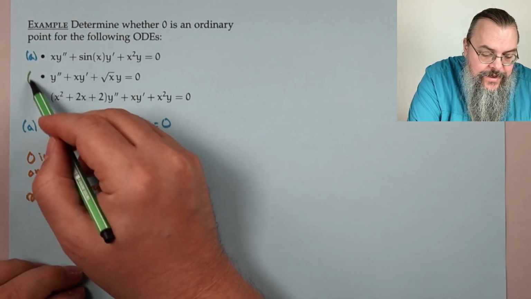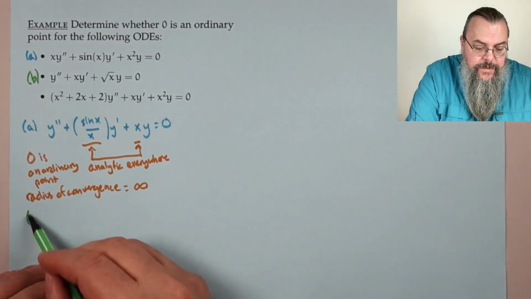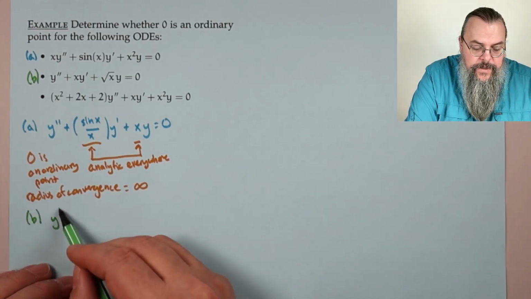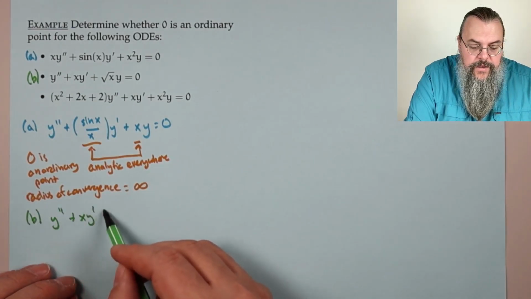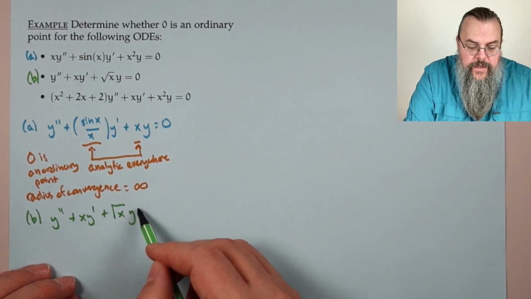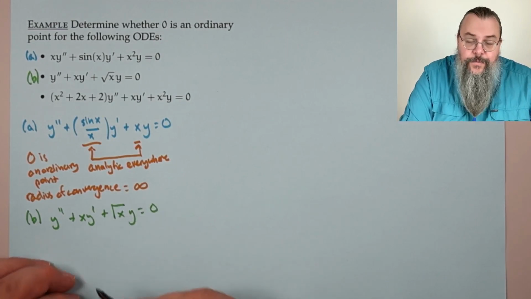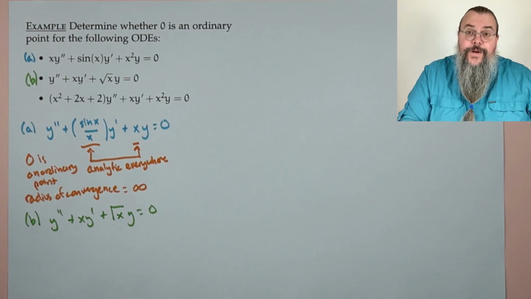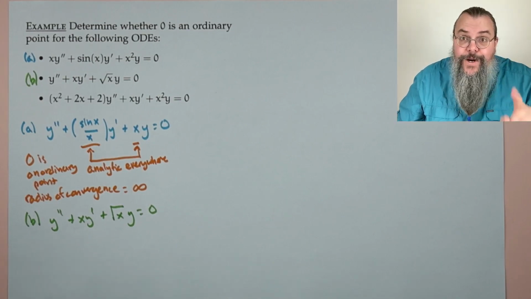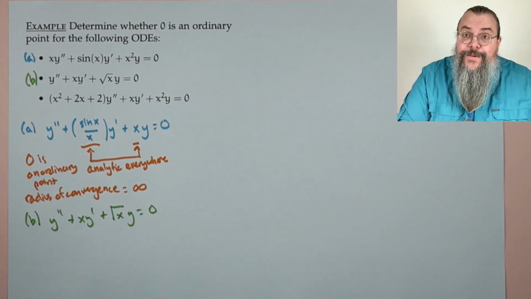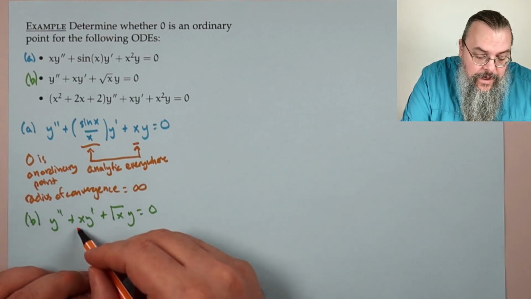Okay, so what can we say about B? Well, y'' + xy' + √x y = 0. Now we do the same thing. Since we already have the 1 in front of y'', look at what's in front of the y' and the y.